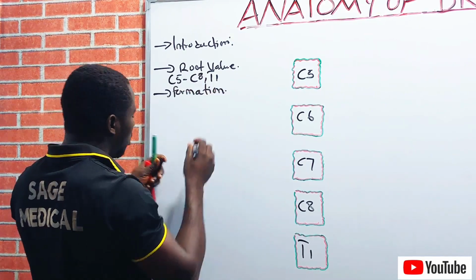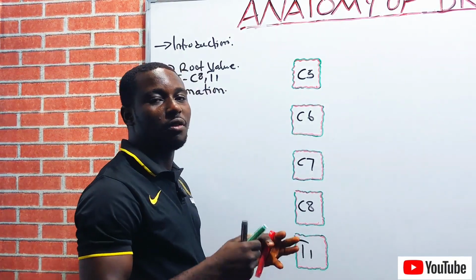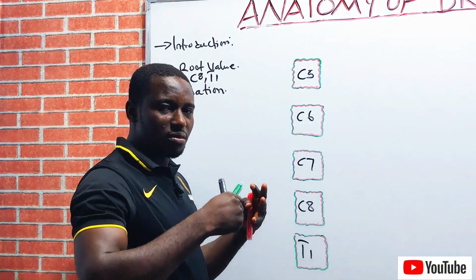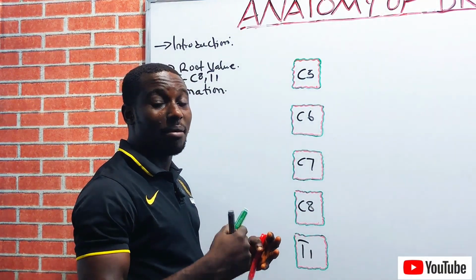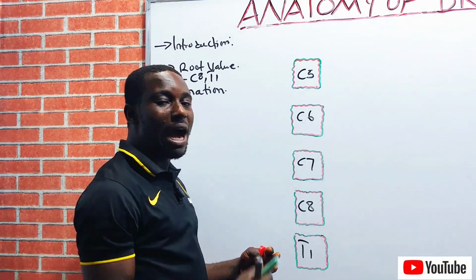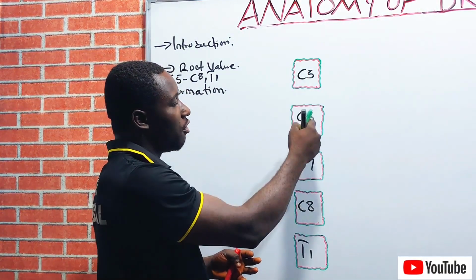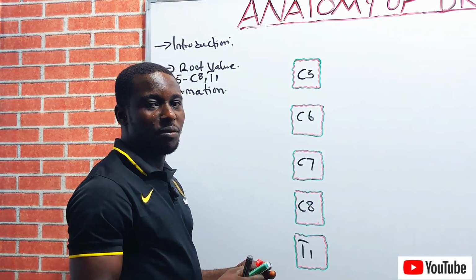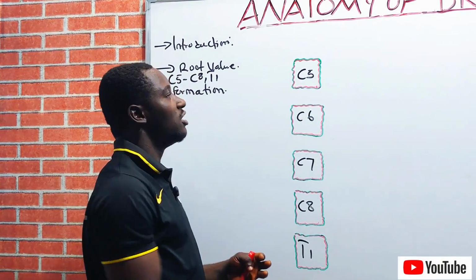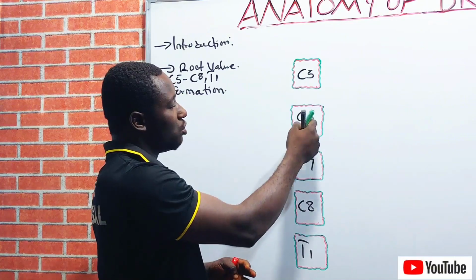The formation. What is the formation of the brachial plexus? The brachial plexus is formed by the anterior or ventral primary rami of the lower 4 cervical spinal nerves and the first thoracic spinal nerve. That lower 4 is from C5 to C8. You could see that there are 4: 1, 2, 3, 4.